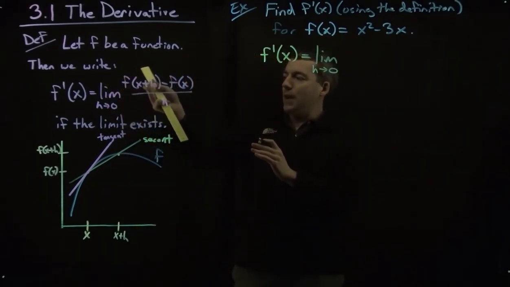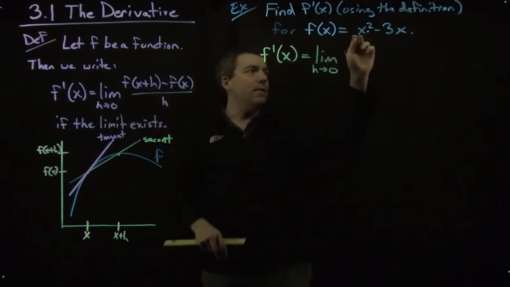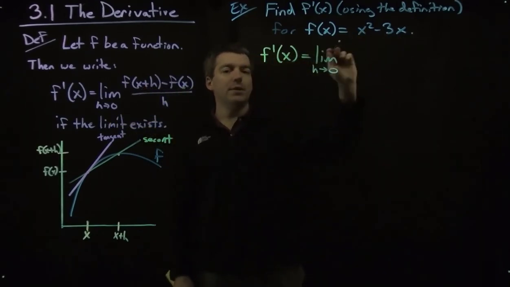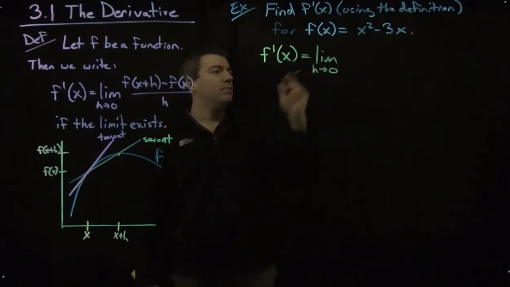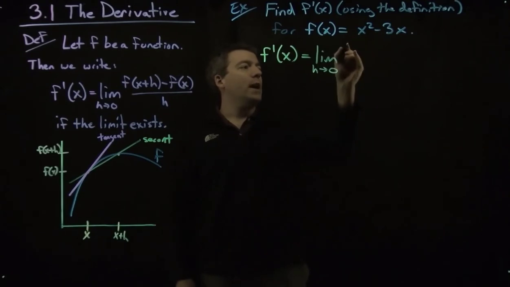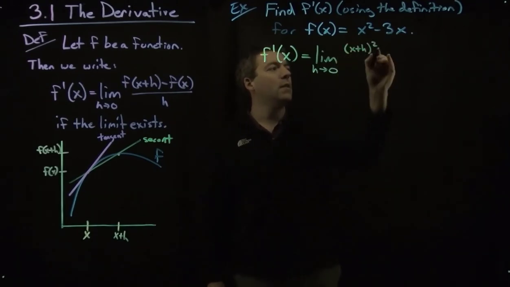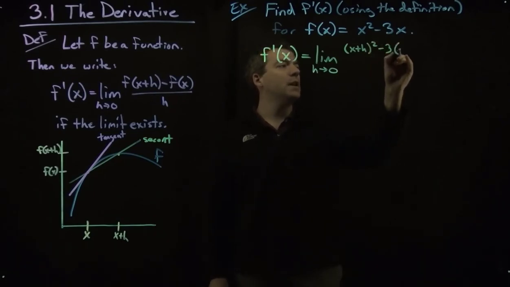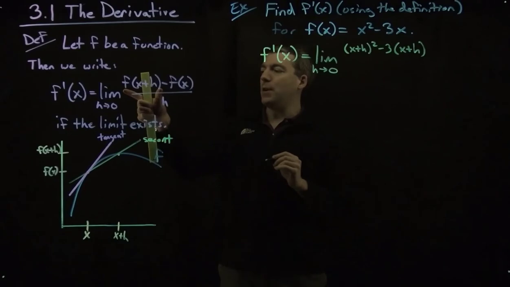So we want f of x plus h. That means we take x plus h and evaluate it in our function. Wherever we see x, we will replace it with x plus h. So we have x plus h, quantity squared, minus 3 times x plus h. That takes care of this part.